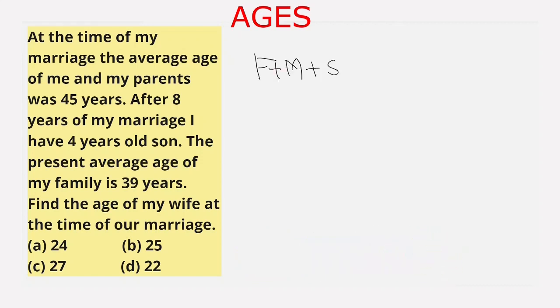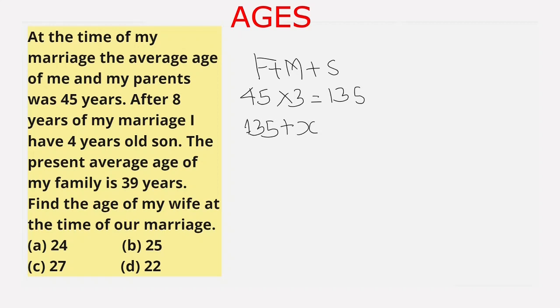Father, mother, son, present age 45 multiplied by 3 is 135. Now wife adds to this 135, and if the age of wife at the time of marriage is x, then this will become 135 plus x.